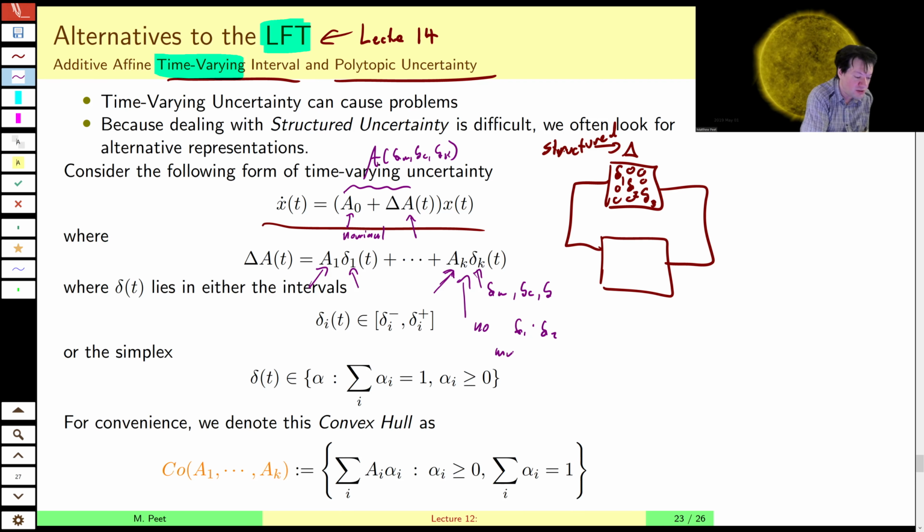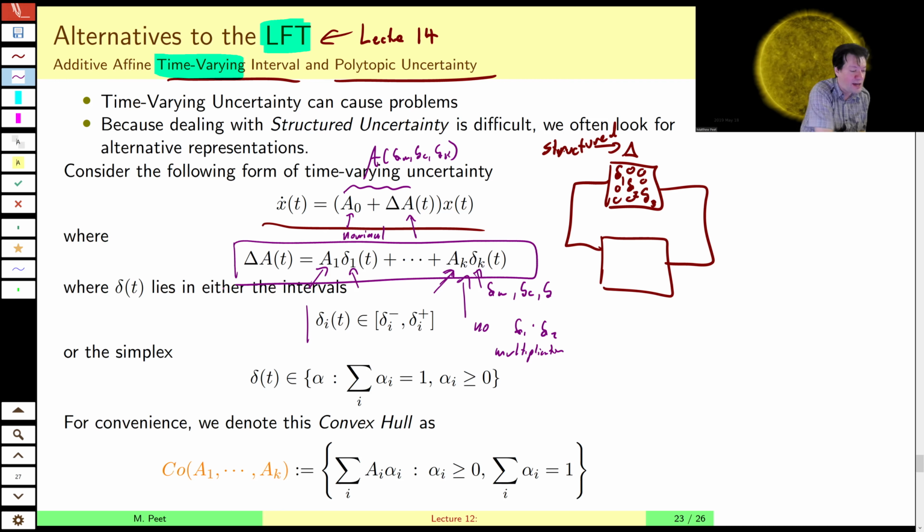No multiplication. It doesn't seem like that's so big a deal, but actually multiplication is often quite important. In any case, once we've agreed to this additive linear representation, then there's two subcases of that.